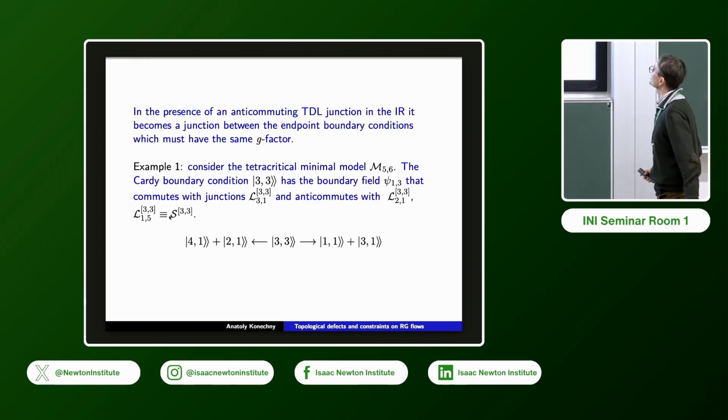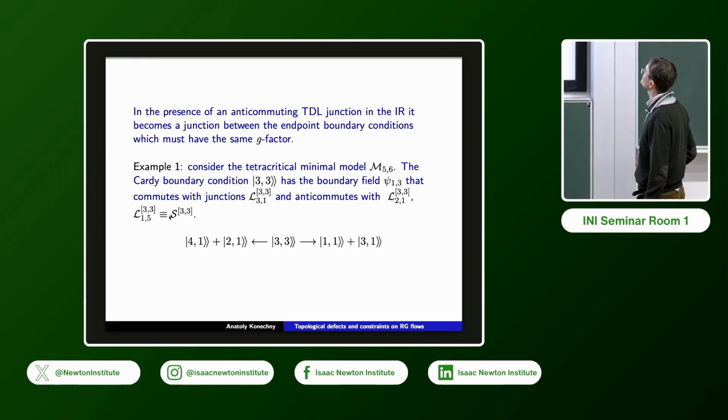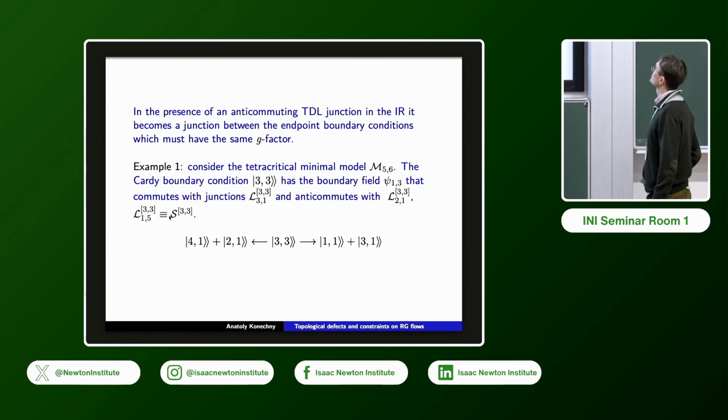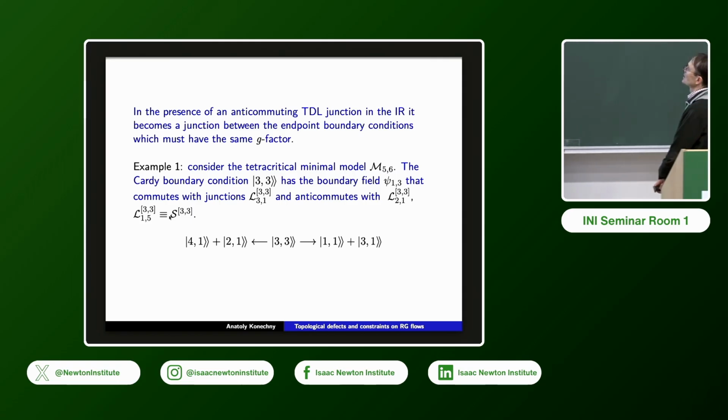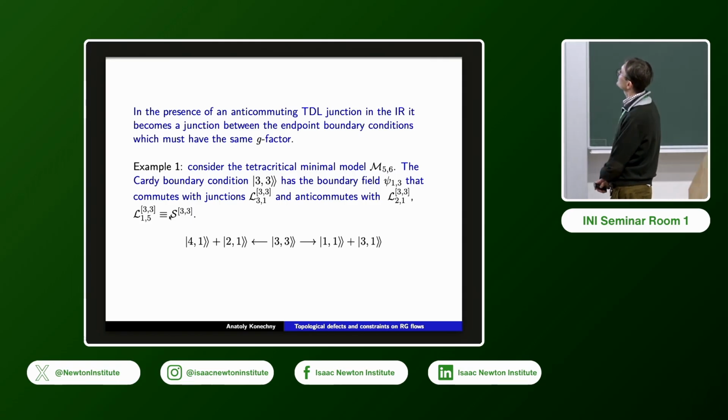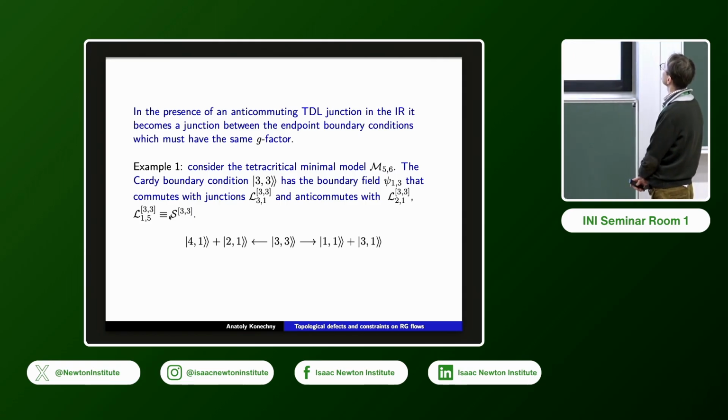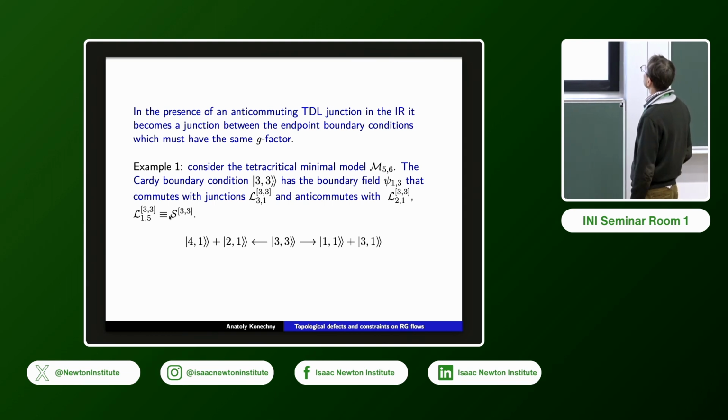So here, for example, let's consider a tetracritical minimal model, M56, and we look at the Cardy boundary condition, which corresponds to the representation 3-3, using the standard Kac table notation. Then the boundary field psi1,3 commutes with the junction L3,1 and anti-commutes with L2,1.